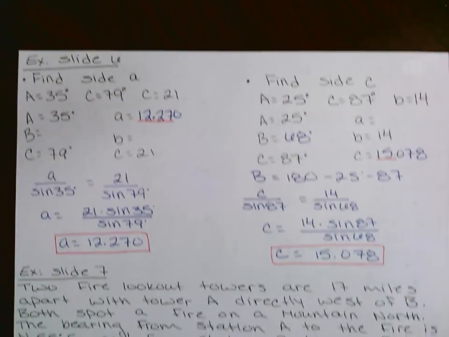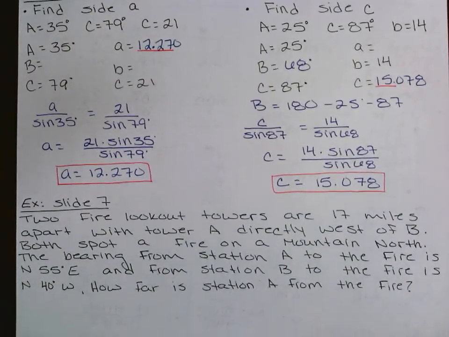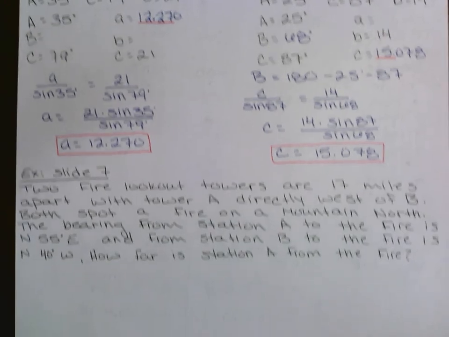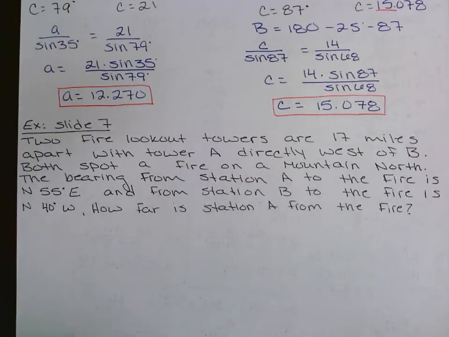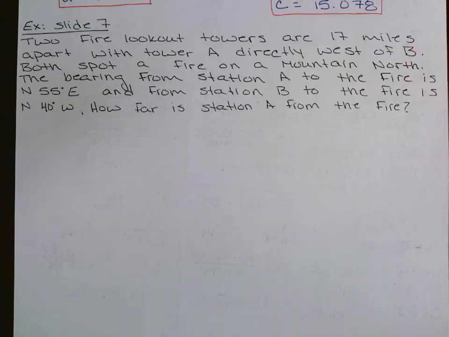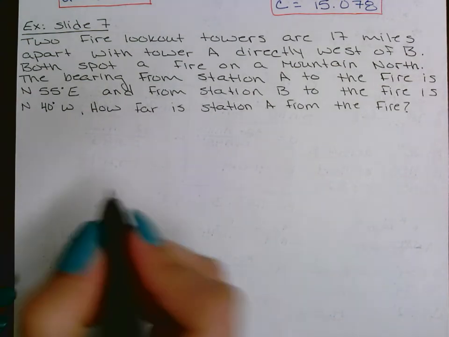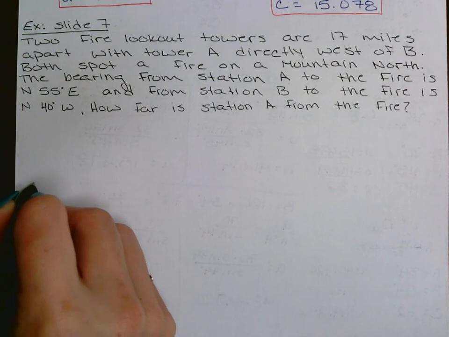All right, and now we move on to this word problem here. All right, so let's start off this question. It says that two fire lookout towers are 17 miles apart. Okay, so I'm going to start drawing here.